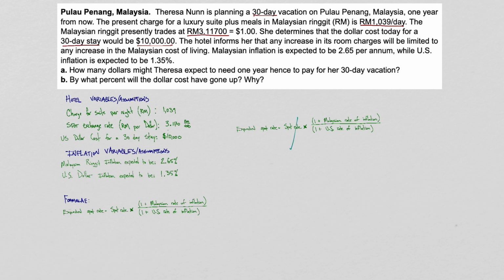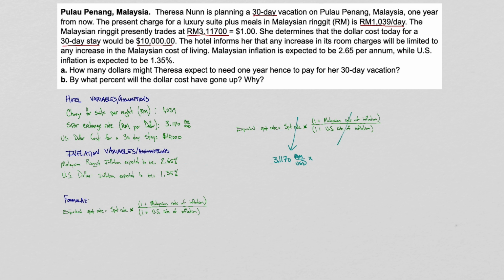And so if we do this with the data that we've got, our spot rate here of 3.1170 ringgit to the dollar. This is the rate today, what you can convert Malaysian ringgit for US dollars. We've got our inflation data coming over from over here.